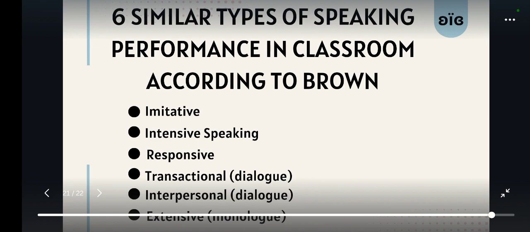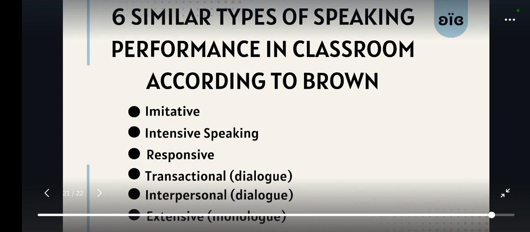Fourth, we have the transactional or dialogue. From the word itself, transactional, it is carried out for the purpose of conveying or exchanging specific information, and it is an extended form of responsive language. In responsive language, there is a question and the students will speak in response to a question or comments, but since it's transactional, here there will be a conversation already.